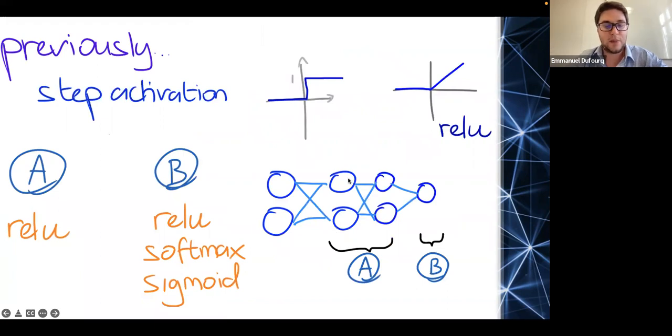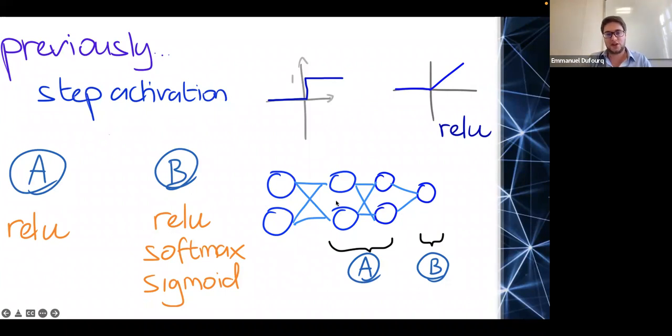So previously on Thursday, we talked about the step activation function, the step function. But in practice, we don't use the step function. In practice, a commonly used activation function is the ReLU function in the hidden layers.